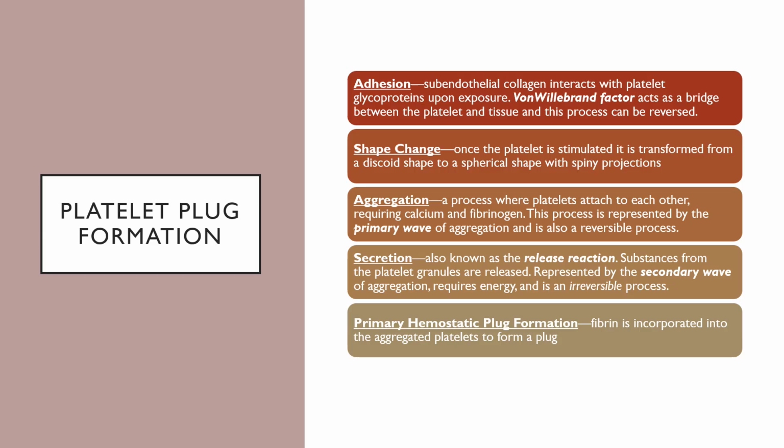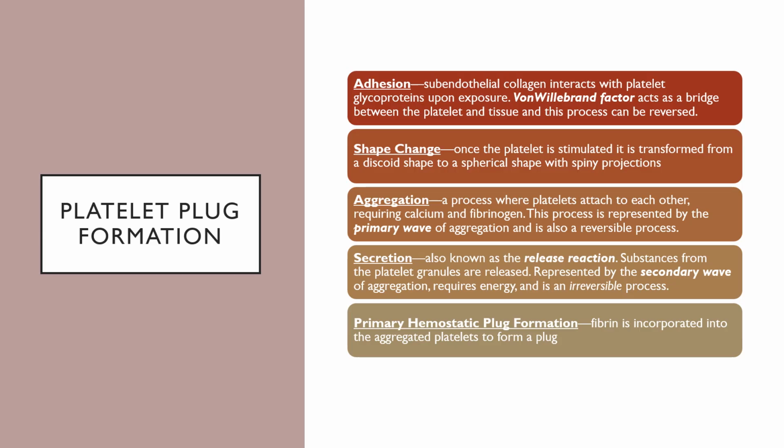Once you open that bag of sand and you let out all of the contents, you cannot put every grain of sand back. It is irreversible, and it cannot be undone. And that's the same idea with secretion. Once that release reaction occurs, all of those substances are released, and we call that the secondary wave of aggregation.